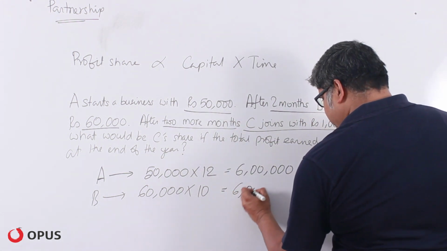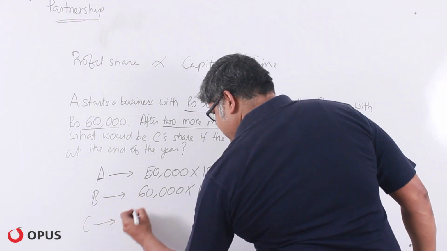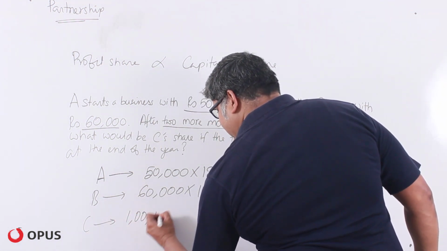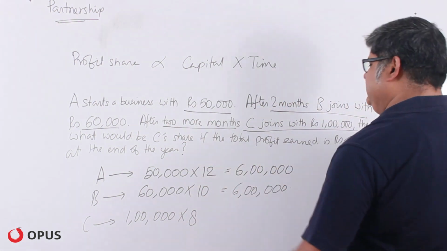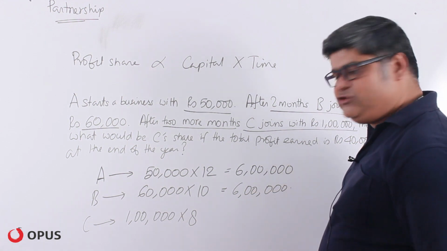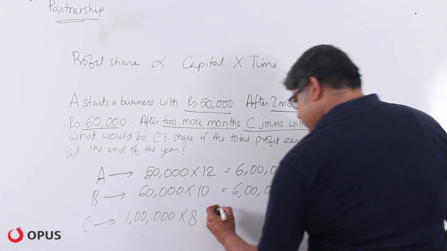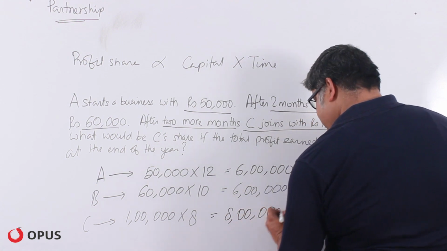So this also comes to 6 lakhs. And C has 1 lakh, but it's valid for 8 months because after 2 more months, that means after 4 months C joins the business. So his capital is equivalent to 8 lakhs.